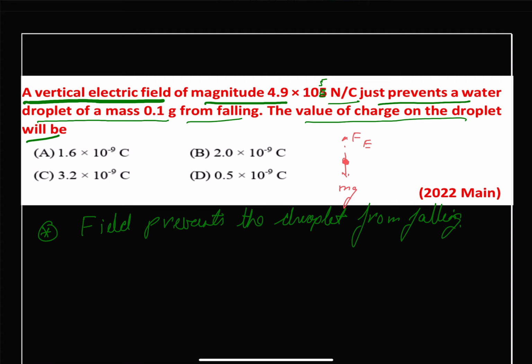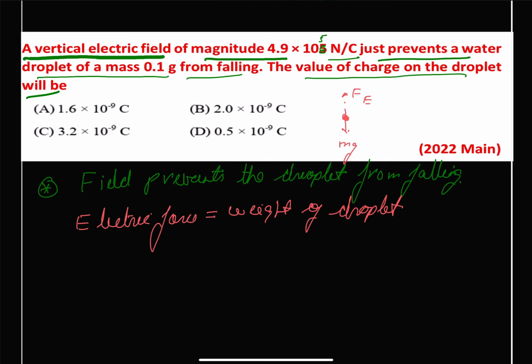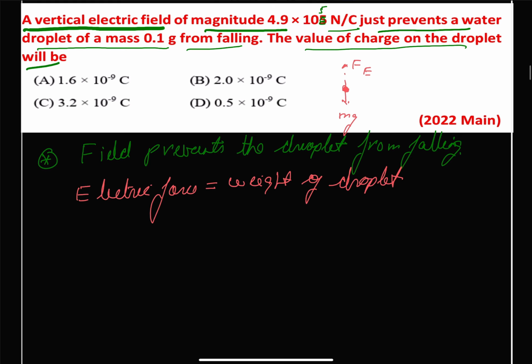Therefore, the electric force should be equal to the weight of the droplet. The electric force is our charge multiplied by the electric field, and the weight of the droplet is our mg.